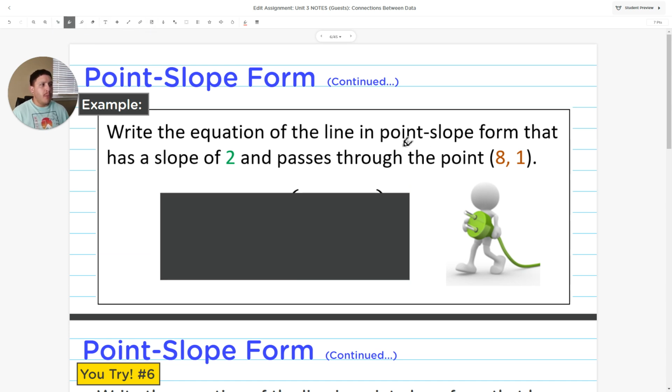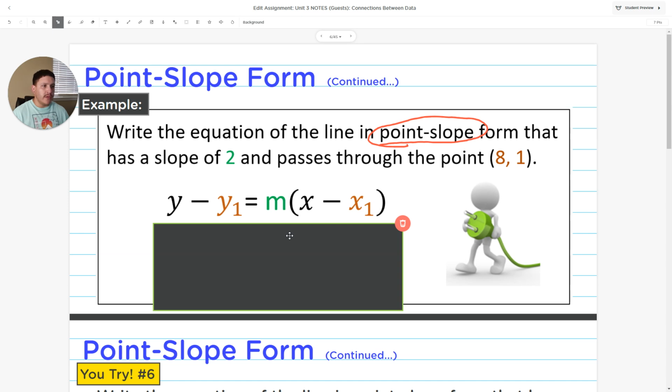So we know to use point-slope form because the problem clearly states it, which means we're going to pull this out and use it to solve our problem. y minus y1 equals m parentheses x minus x1 close parentheses. The slope is 2, so m gets replaced with 2.